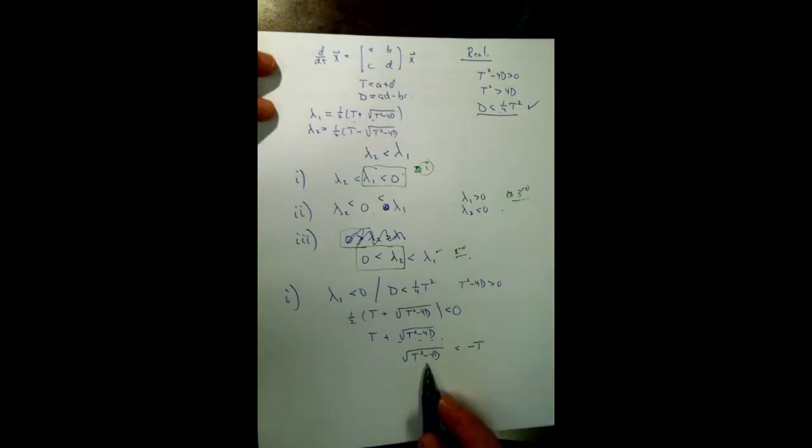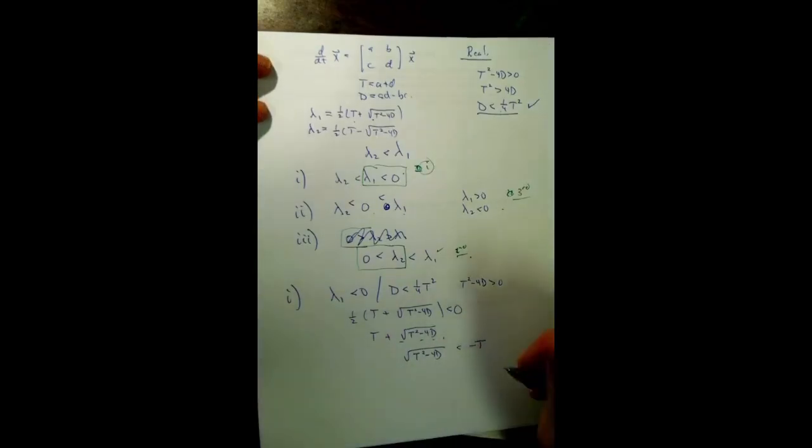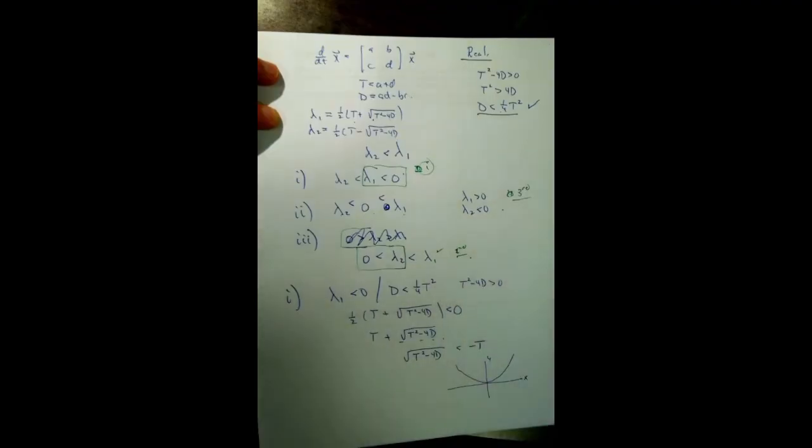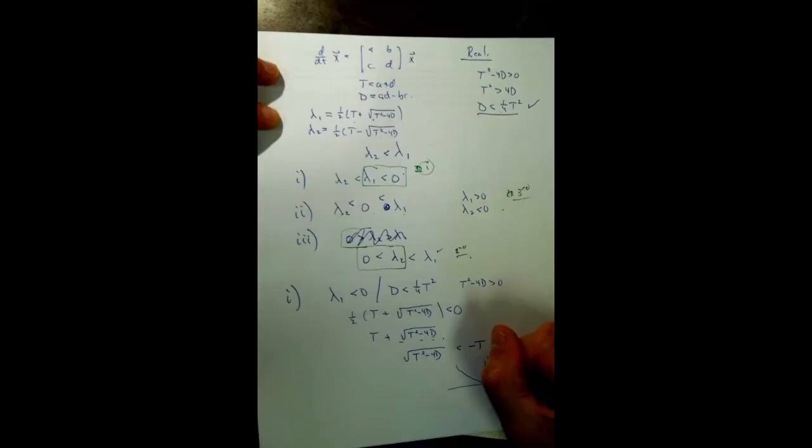The thing on the left is always positive. The thing on the right could be positive or it could be negative. So I need to be very careful here. So what is going on here? So the thing on the right is going to be equal to some value.